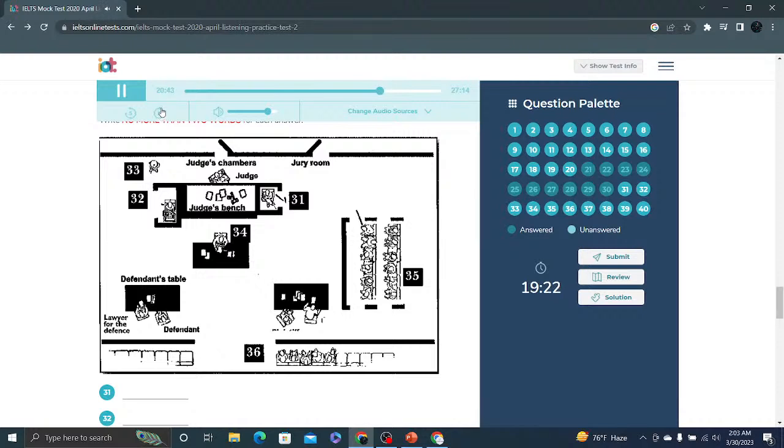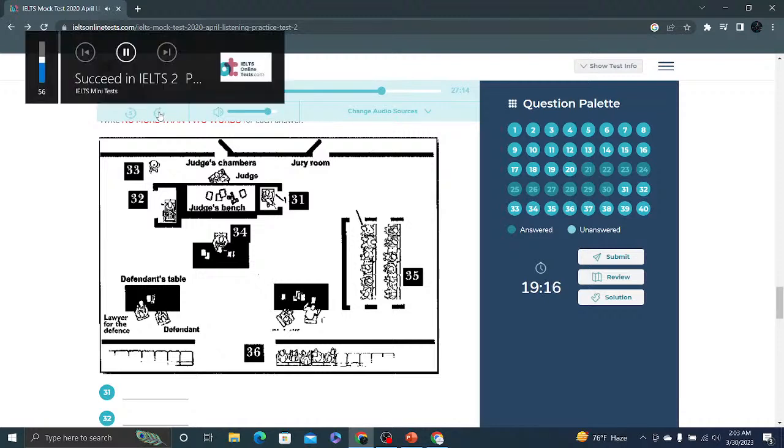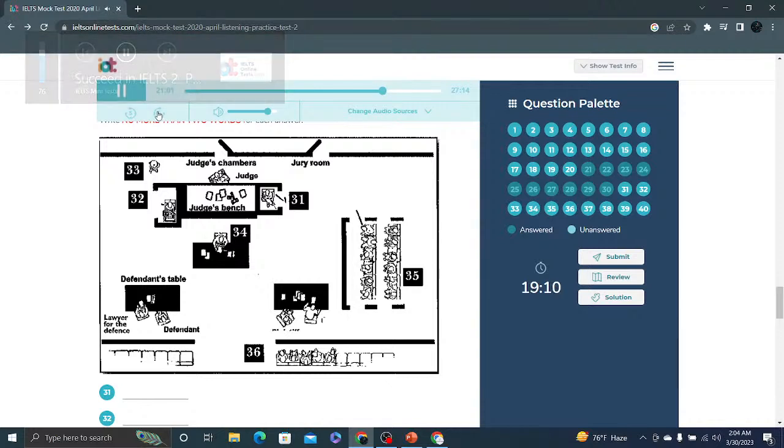And answer questions 31 to 40. This is a description of a standard UK trial courtroom. In a trial courtroom, the judge is invariably seated behind an elevated desk or bench. Adjacent to the bench are the witness stand and a section that is slightly larger.